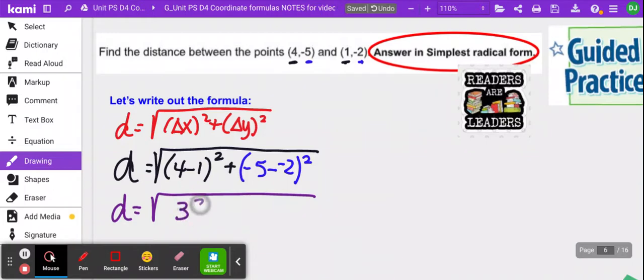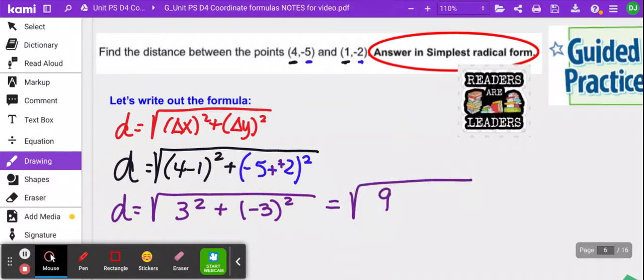So that's 3 squared. If you need help on this one, as I said, add the opposite. That's negative 5 plus 2, which is negative 3. But remember, put it in parentheses. All our negatives are in parentheses. Now let's see what I'm going to get. 3 squared is 9. And by the way, negative 3 squared is 9. And now all I have is 9 plus 9 is 18.